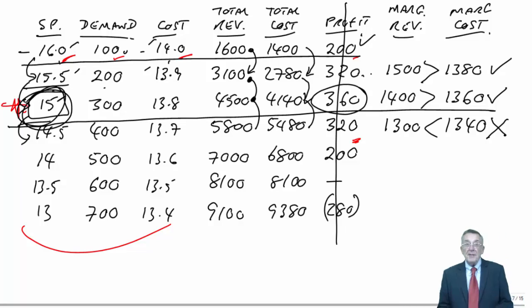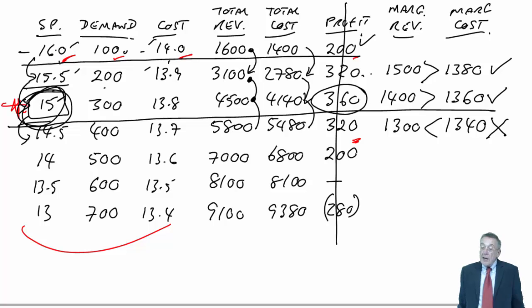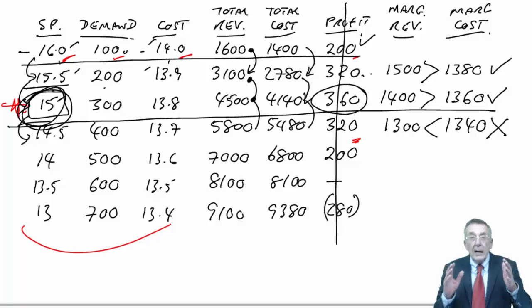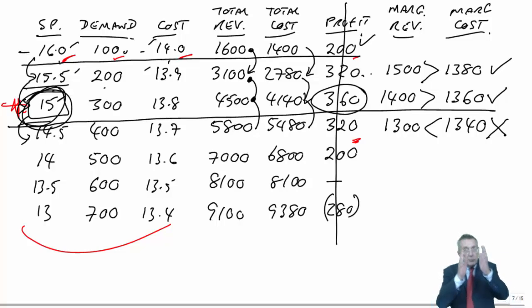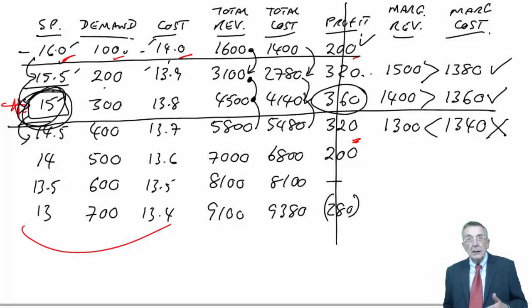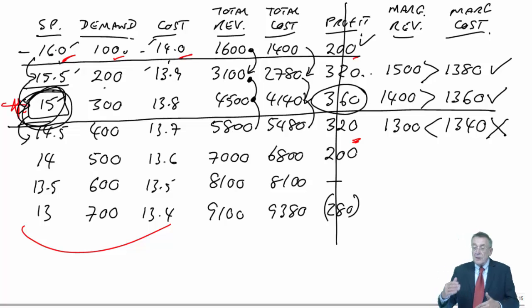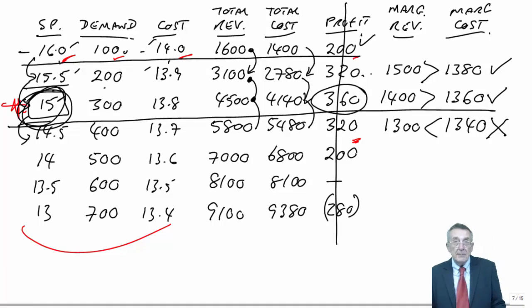Again, the optimum selling price would be 15. In real life, anything could happen from then on. However, in theory, everything will move smoothly. And so we don't need to continue, because from then on, extra revenue would be less and less in each case. Extra cost would always be more than extra revenue. We've found the maximum.